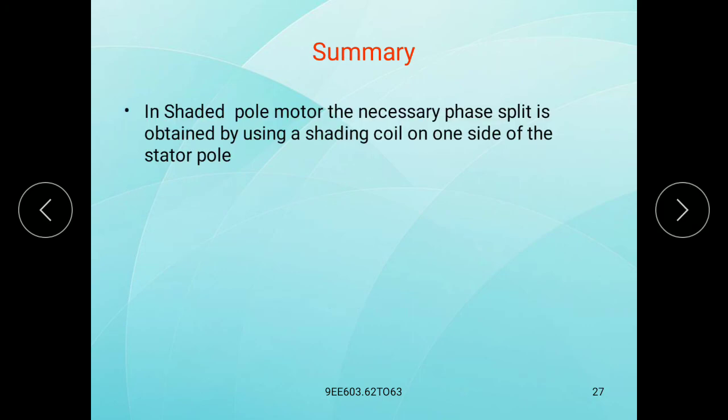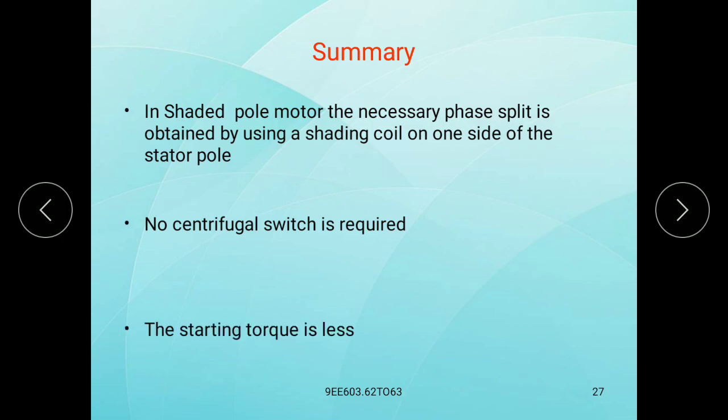Then the summary: in the shaded pole motor, the necessary phase split is obtained by using a shading coil on one side of the stator pole.